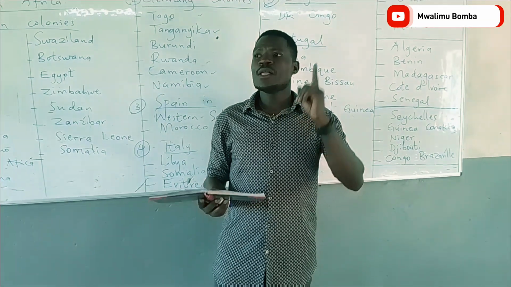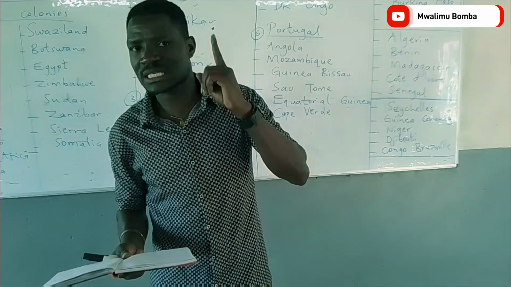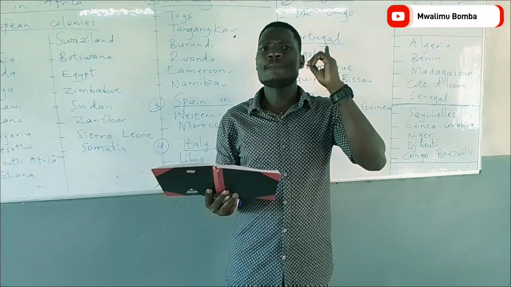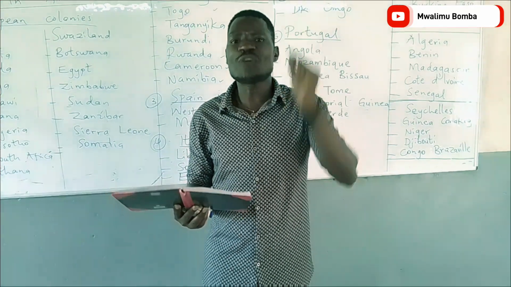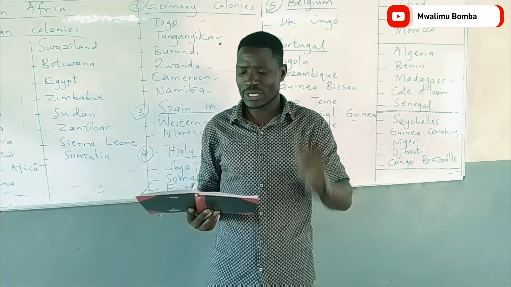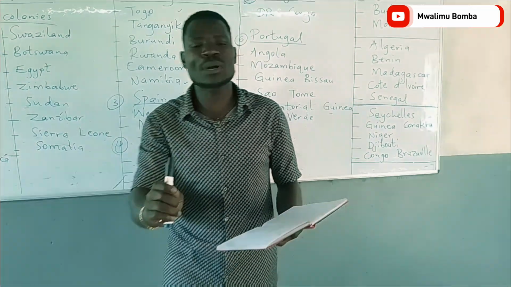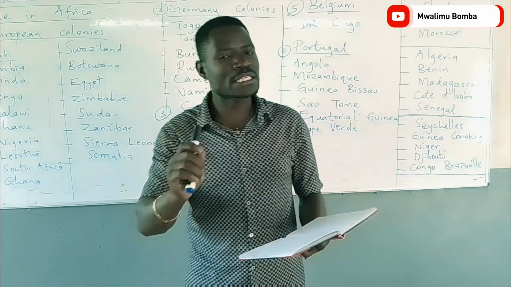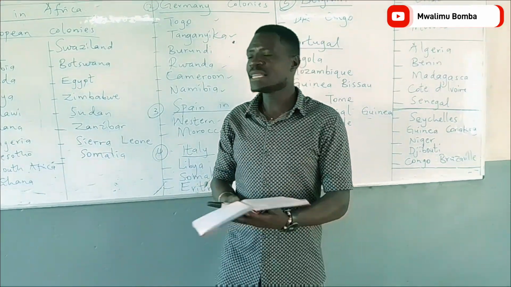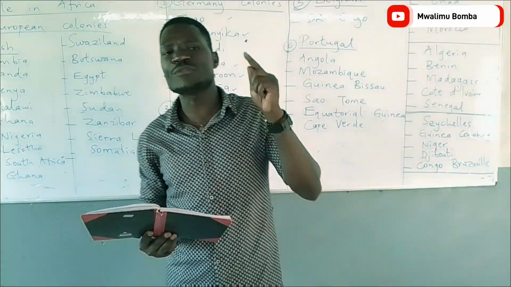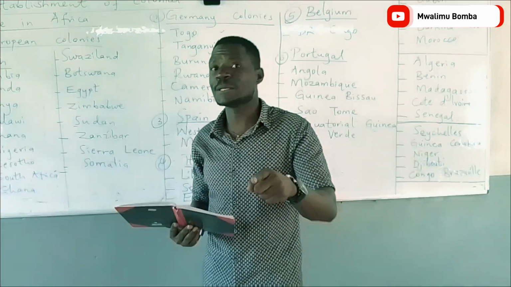Number 1, the first and main term of the Berlin Conference was the principle of effective occupation. What does it mean?